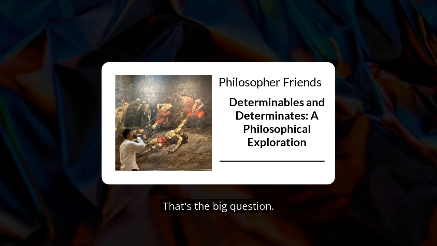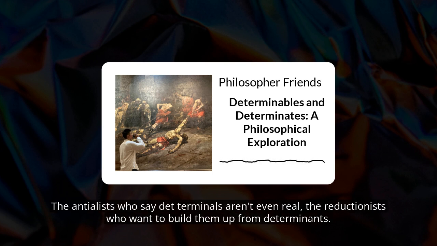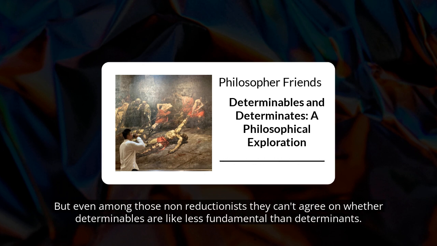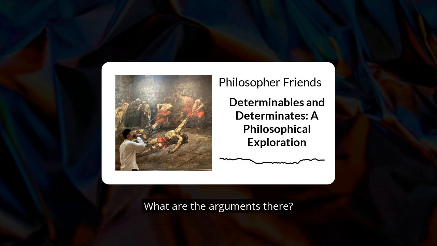That's the big question. All right, so we've got these different views, right? The anti-realists who say determinables aren't even real, the reductionists who want to build them up from determinants, and then the non-reductionists, the ones saying determinables are their own thing, totally unique. But even among those non-reductionists, they can't agree on whether determinables are less fundamental than determinants. What are the arguments there? It's a really big question.